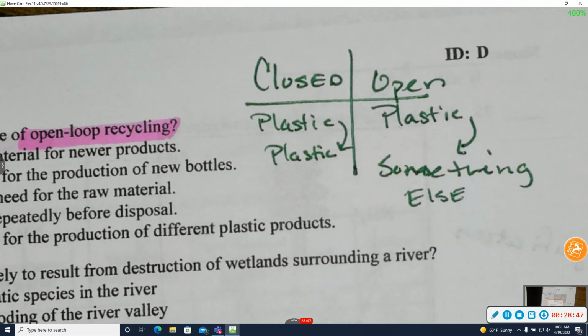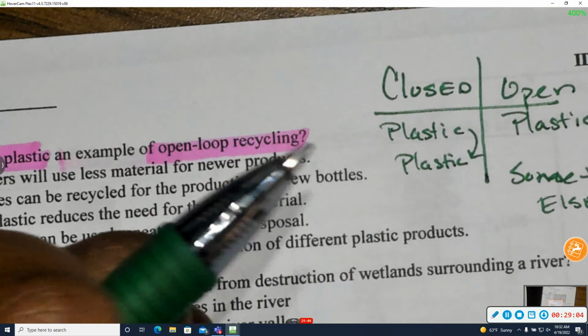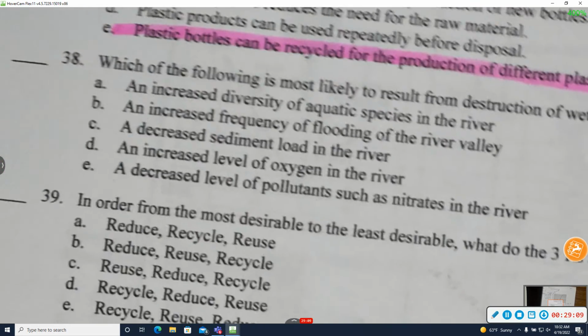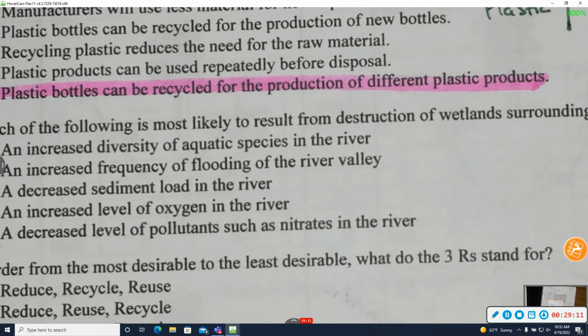Okay, so plastic bottles can be recycled for production of different plastic bottles.